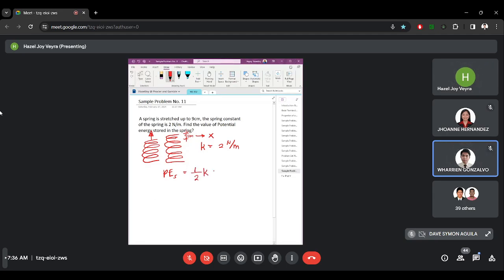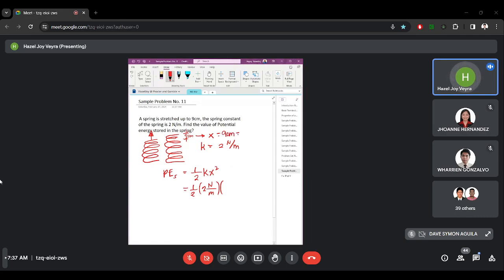Correct. Tatandaan, if you notice, this is similar to the formula for kinetic energy. Pero magkaiba sila. Yung form lang, parang magkaparehas sila. So direct substitution lang tayo. Solving for the potential energy, we have 1/2 times the spring constant, which is 2 newtons per meter, and then we're also given the displacement, which is 9 cm.